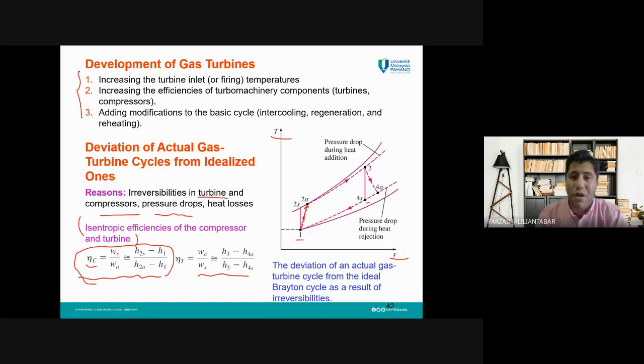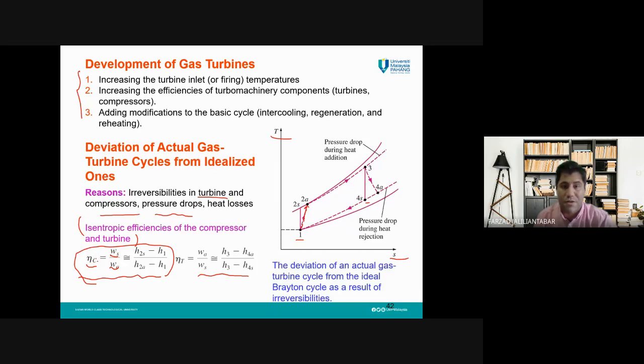Ws is the work for an isentropic compressor. Wa is the actual work of the compressor. Then Ws divided by Wa will give us the isentropic efficiency of a compressor.